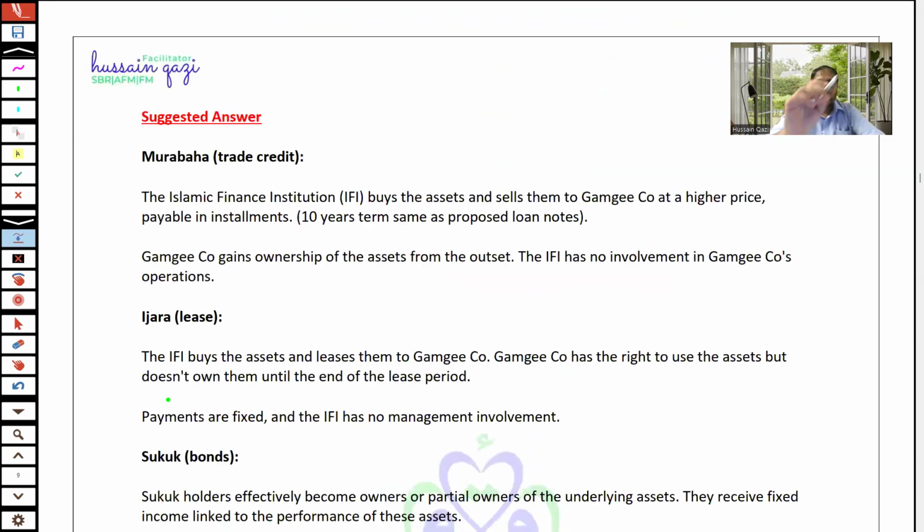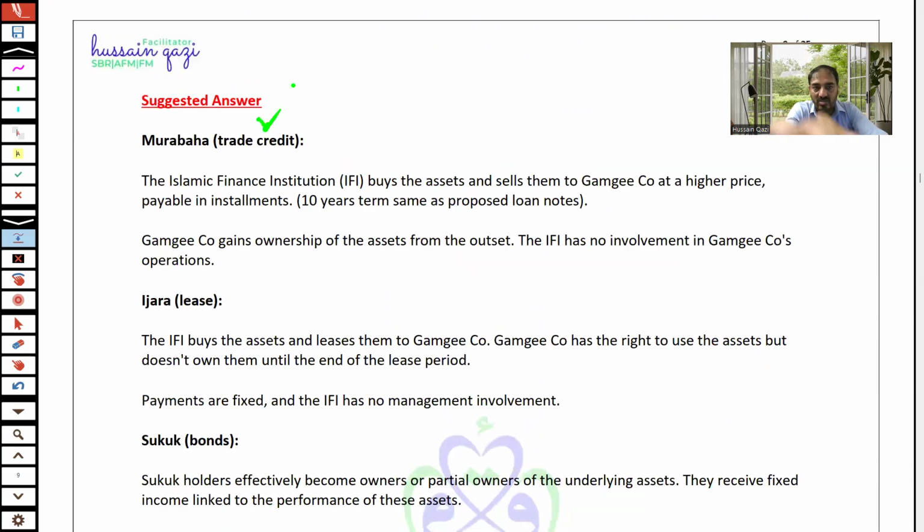Number one, Murabaha, that is trade credit. You need to explain that the Islamic financing institution buys the assets and sells them to the company. With Murabaha, the bank asks the borrower why they need the money.